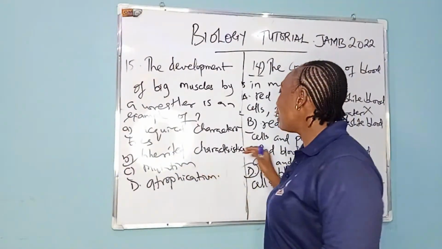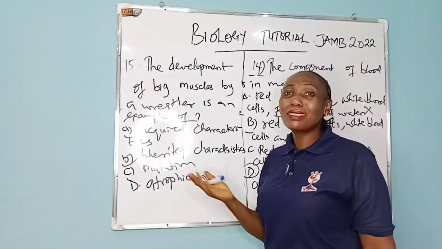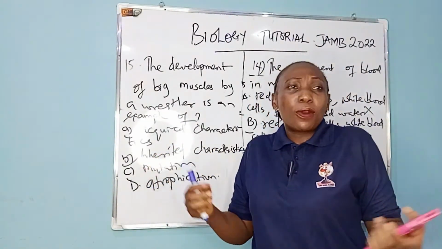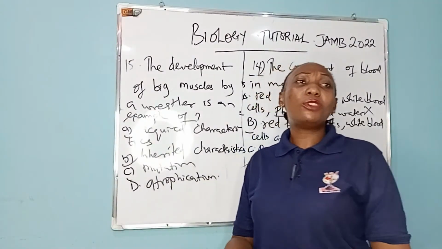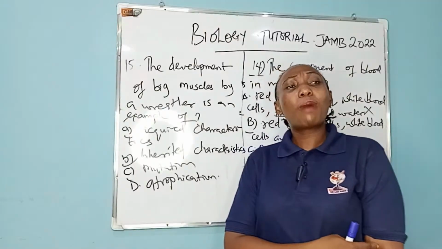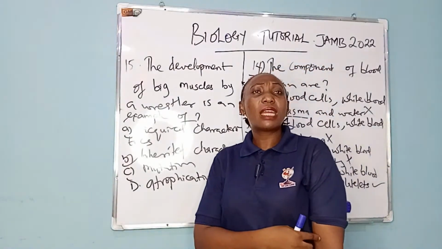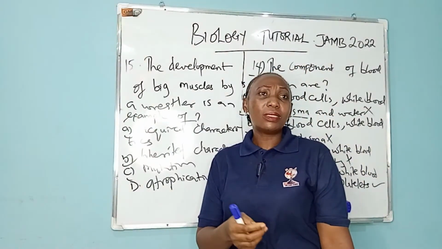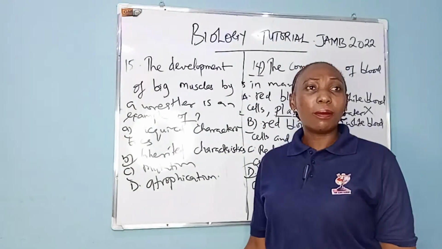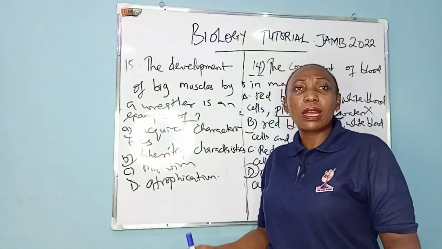Then the inherited characteristics. Inherited characteristics are those characteristics that we got from our parents as a result of the genes that are passed through us. What are genes? Genes are those parts of chromosomes that carry the DNA that is responsible for our various behavior, makeup, or characteristics.